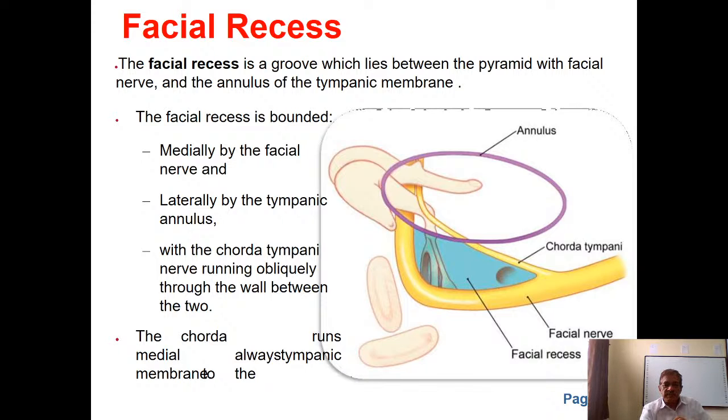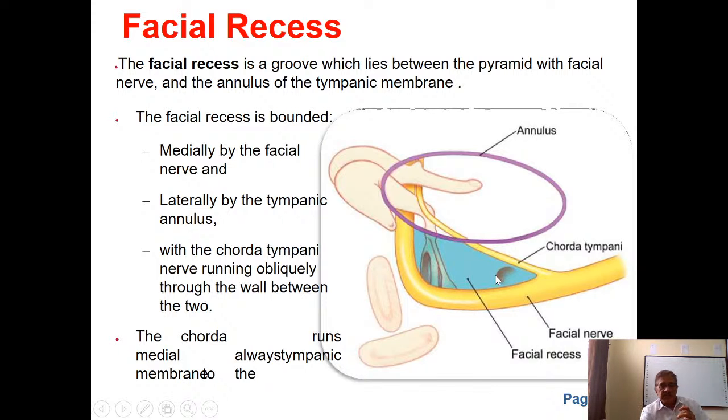There is a space between the horizontal part of the facial nerve and the mastoid segment, the vertical part, and the chorda tympani as it comes out into the middle ear cavity again. So this space in between is called the facial recess.